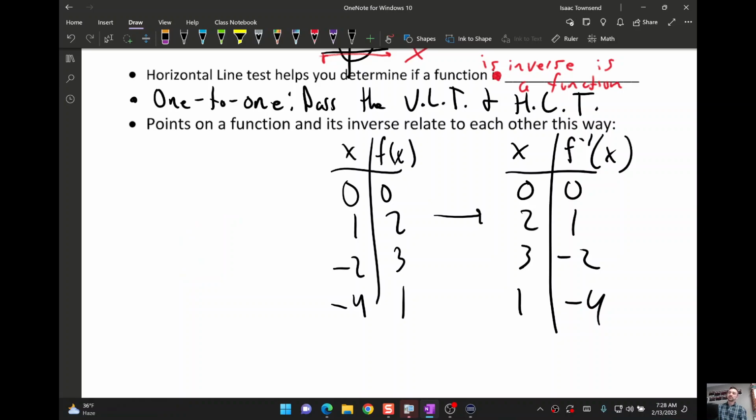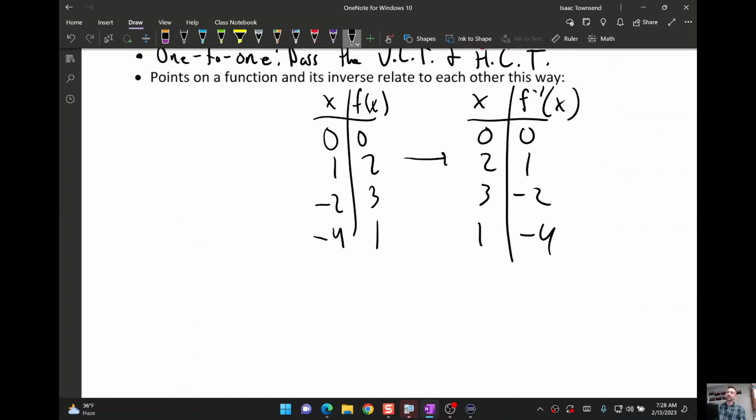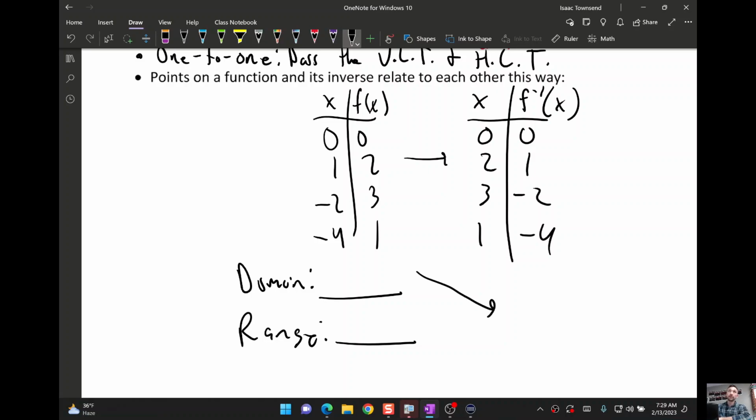Okay, and then the last piece here that will come up is you need to be sure that you understand that if you are switching possible x's with possible y's and possible y's with possible x's, that means the domain of the function becomes the range of the inverse.